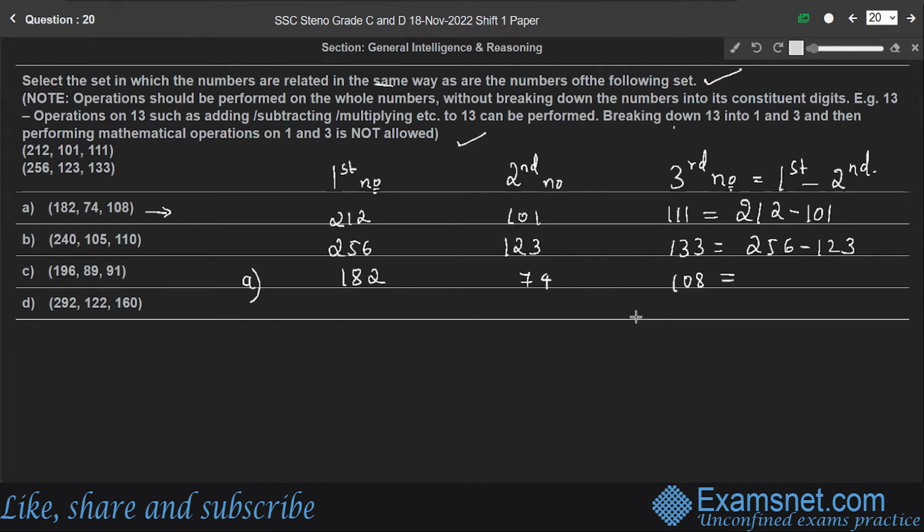So it should be equal to 182 minus 74. Therefore, 182 minus 74 is 108 itself. Therefore, option A follows the logic of the given two sets, in which third number is equal to first number minus second number. So option A is the right answer.